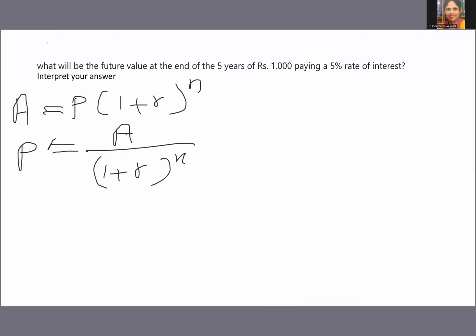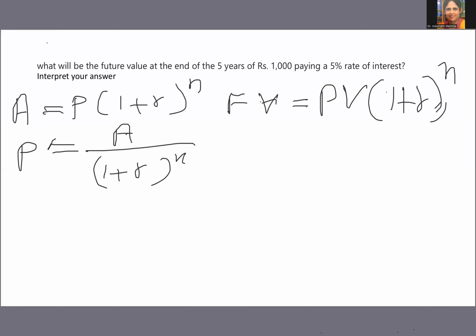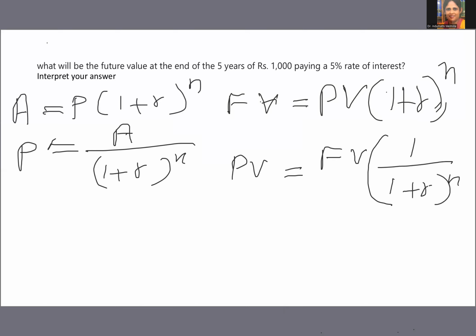That means we can write future value this way: future value equals present value PV times (1 plus R)^n. And present value is equal to future value multiplied by 1 over (1 plus R)^n. Okay, right?